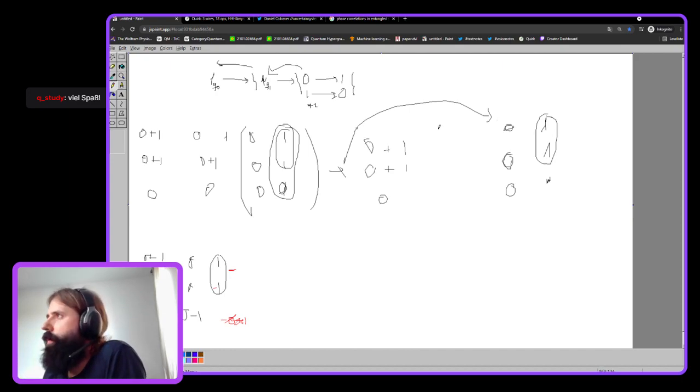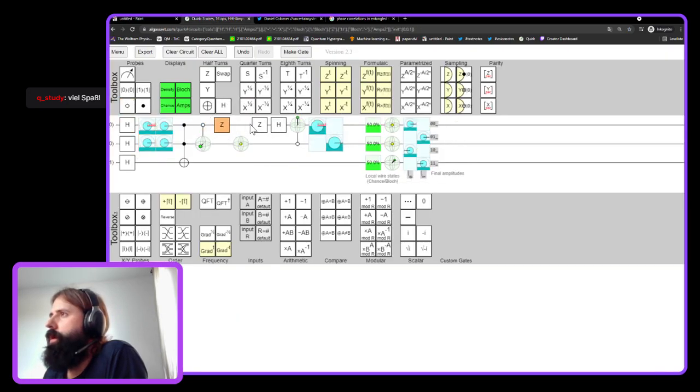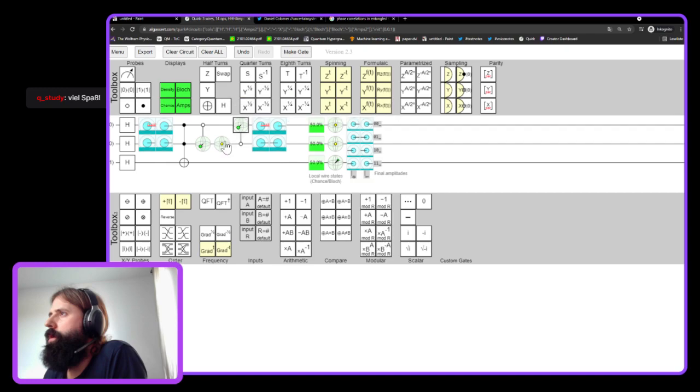So what would happen if I would start with a minus state here? Say that I start with a minus state here.